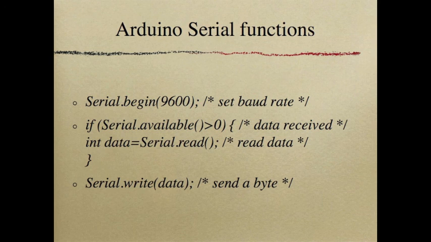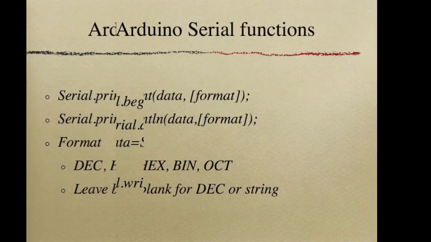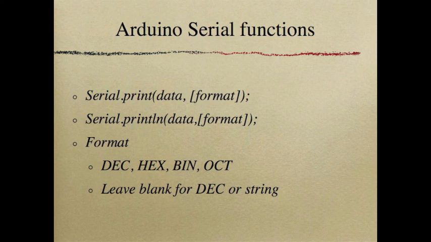Now, if you want to send data from your Arduino board to the host PC, you can use the write function. The write function always sends a byte of data. Arduino has also provided the print and println functions that will help you transmit several kinds of data.